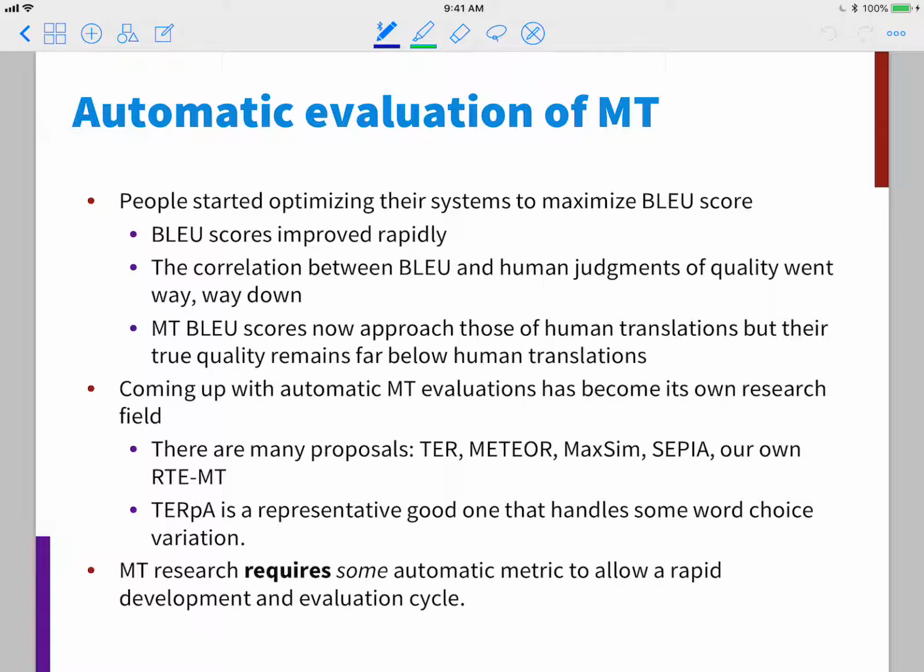So there are many different evaluation metrics to automatically compute the quality of the generated sentence outputs in machine translation applications.